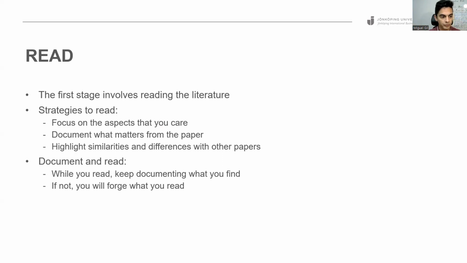Another important thing is to highlight what is different and what is similar to others, because when you write, you can't just put the Excel table in your thesis and goodbye. You can't do that. You have to write a coherent text. So it is very useful if you identify similarities and differences, because maybe you can group, like, which papers talk about public sector digitalization, technological issues, this paper.